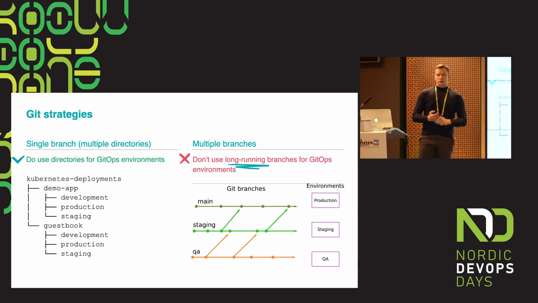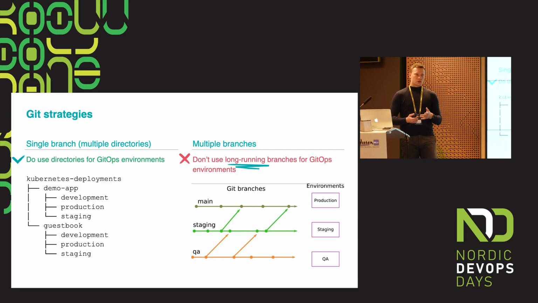Now, when talking about the configuration repository where our Kubernetes deployment manifests are placed, there are two strategies for dealing with a monorepo. The first strategy is a single branch with environments per directory.